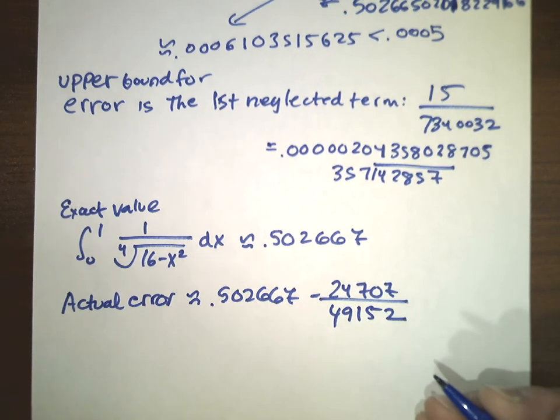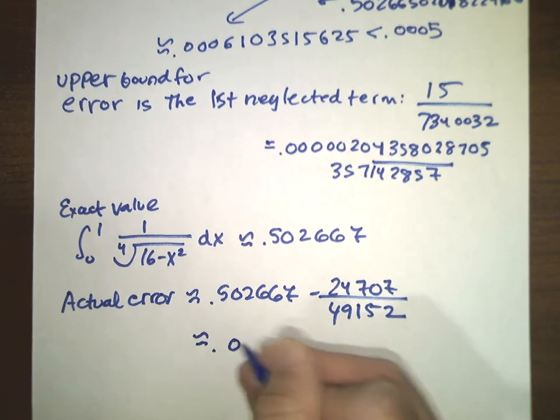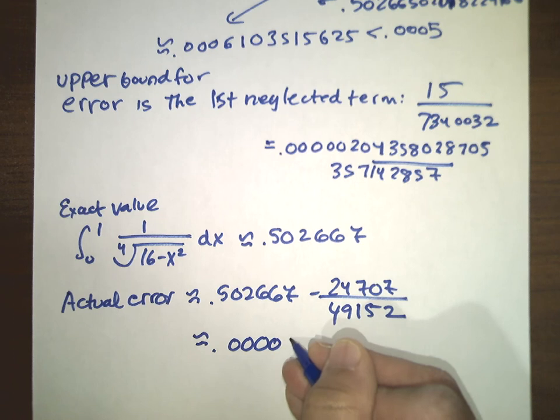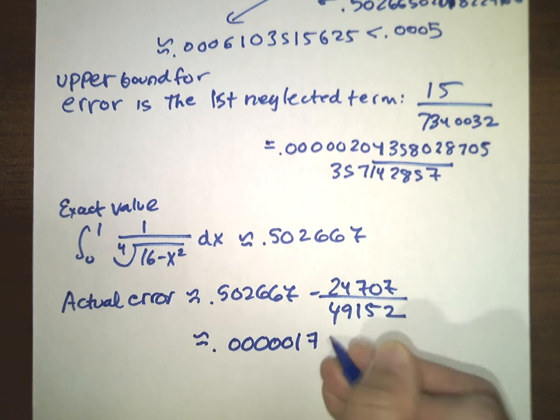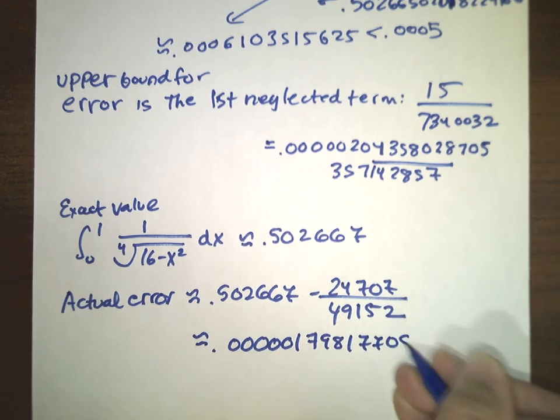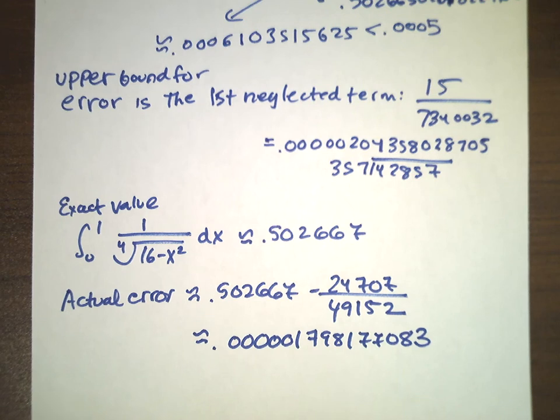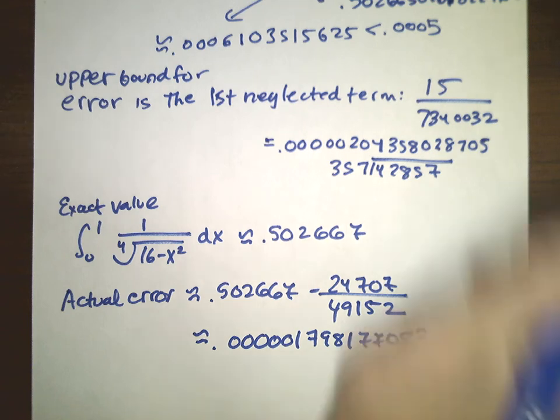And this actually ends up being, just so that you're all aware, 0.000017981777083. So you can see that the error is not actually that large at all, and this is definitely less than the 0.0005 here.